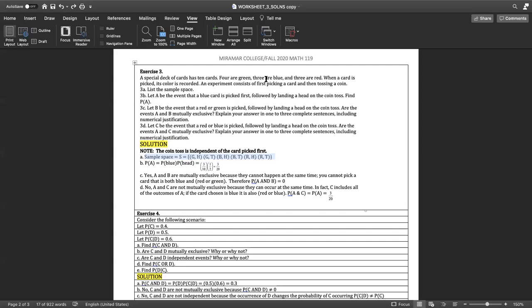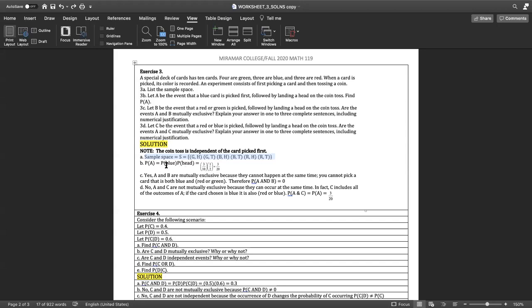And since there are 3 blue cards in this special deck of 10 cards, that probability or that relative frequency is 3/10. And then we'll multiply it by 1/2, okay? And that gives us 3/20 or 0.15. Again, as I said, you can leave it as a fraction. You don't have to convert it to decimals. Is everybody okay with part A here? Part B, part A and B.